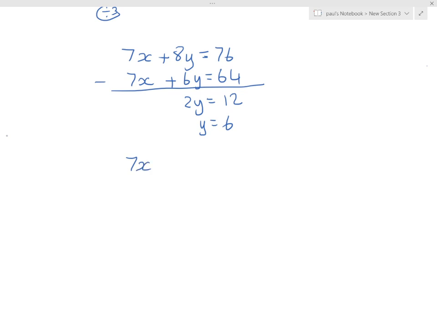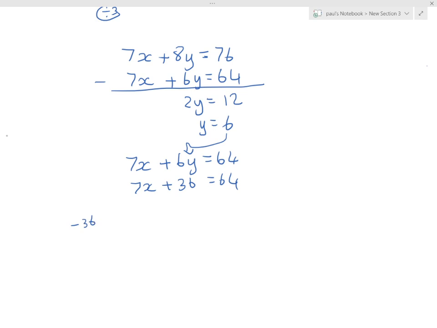Substitute into the bottom one here, 7x plus 6y equals 64, so the 6 goes in there, so 7x plus 6 sixes are 36 equals 64.